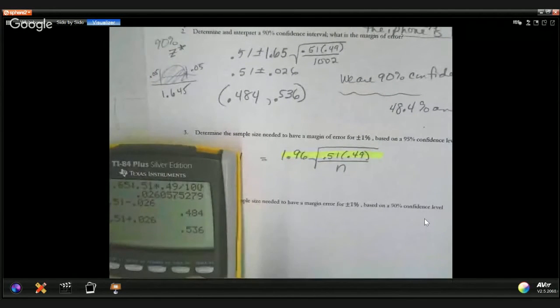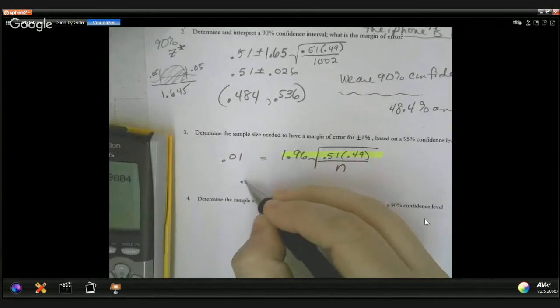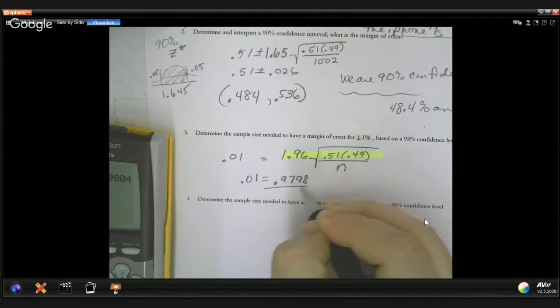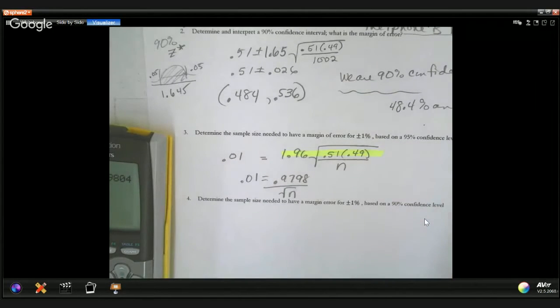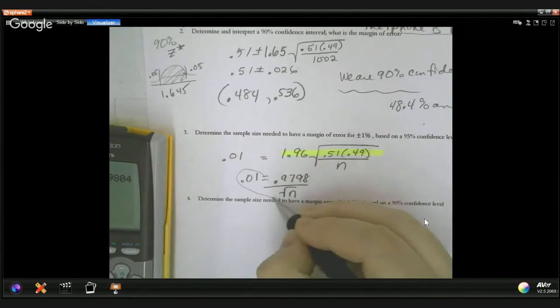So let's see if we can get both on here. Let's clear out my screen. So 1.96 times the square root of 0.51 times 0.49. And so now I have 0.01 is equal to 0.9798 over the square root of n. Well, really, I could flip it, or I can know that this goes together.